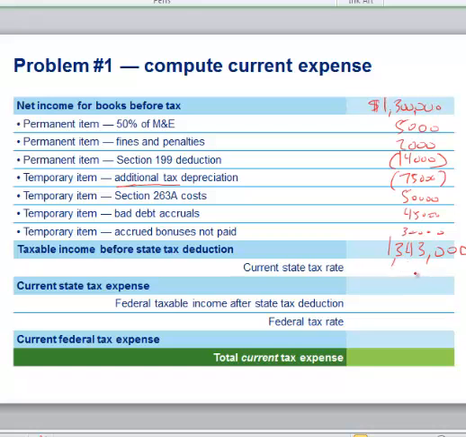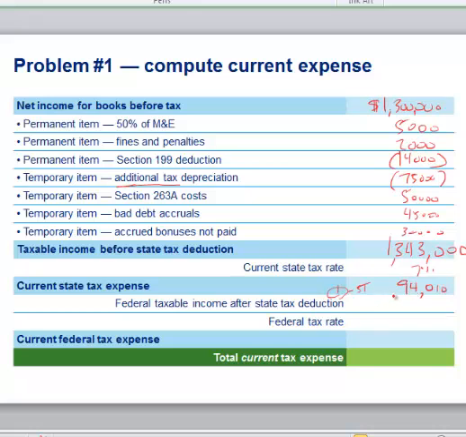Okay, so my state rate was 7%, and my state expense is $94,010, right? So I just did step 1 for state. I figured out my current payable for state.